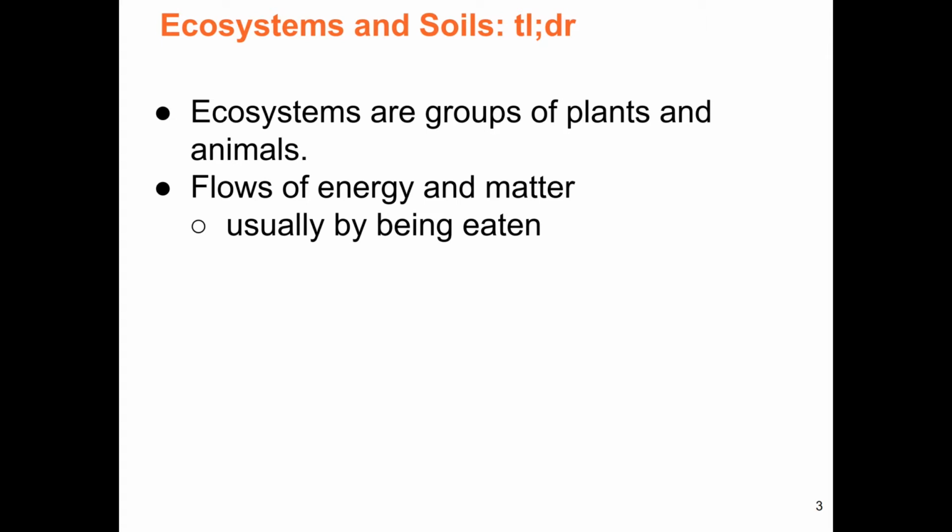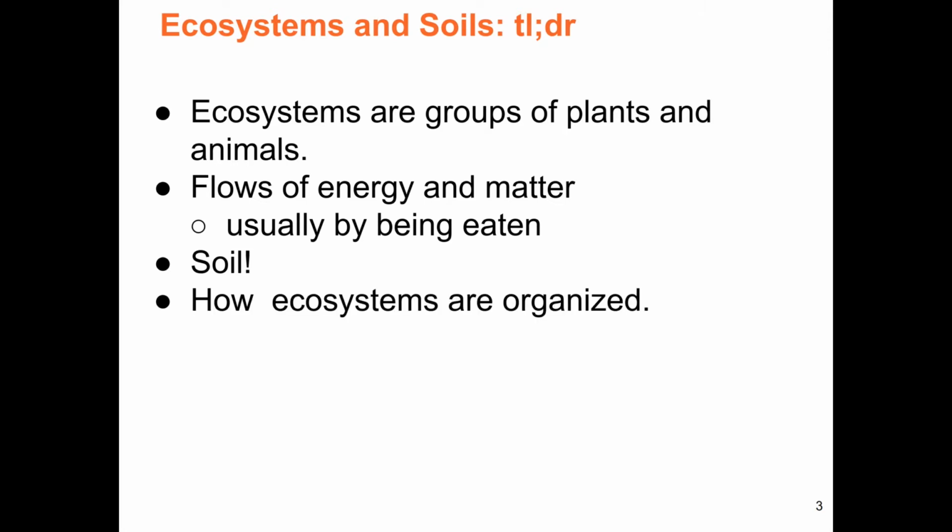Those flows of energy and matter usually happen by being eaten. So if you've watched any nature shows, you realize after a while, oh, wait a minute, everybody in this movie's got to eat. So the cute animals, yeah, they're probably going to get eaten. Soil. We'll talk about soil, which is dirt and organic material. Soil's absolutely fascinating.